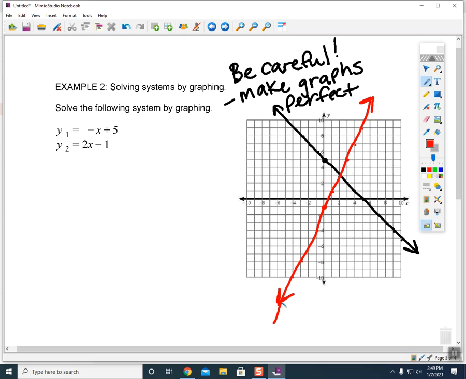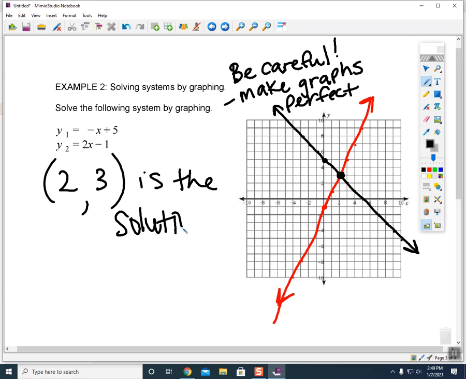That one's not very good either, but we can see where they cross. So what we care about is this point right here, where they cross. Our two lines cross at (2, 3). So the point (2, 3) is a solution to this system of equations.